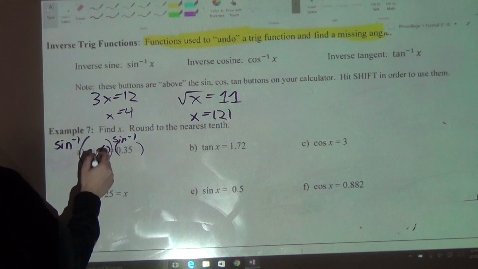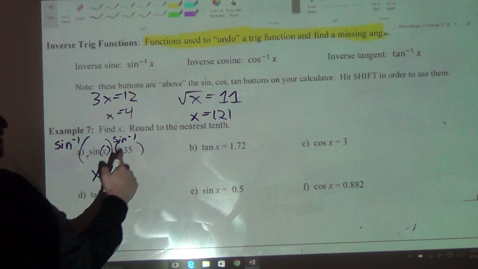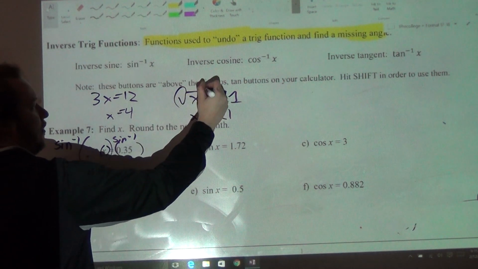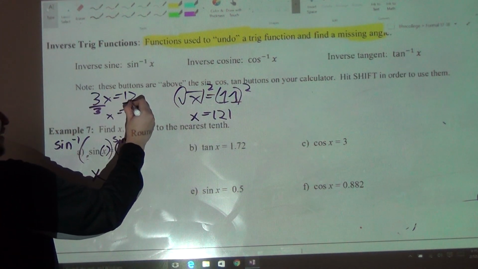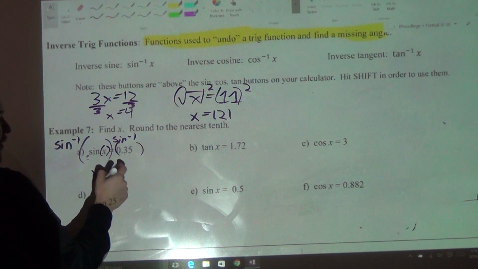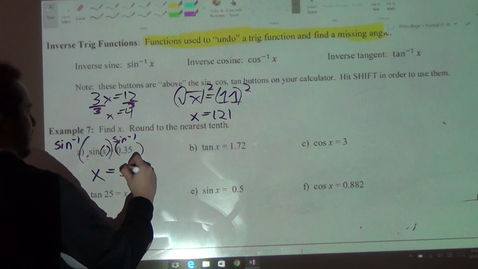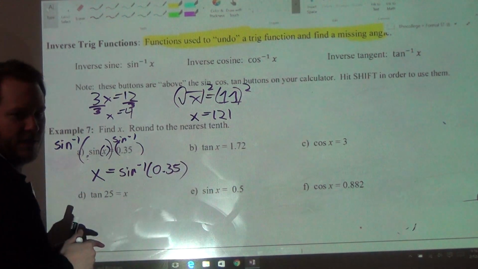And when we take the sine inverse of the sine of x, we just get x, just like we do when we square the square root, or when we divide, the opposite of multiplication. So x is going to be whatever the sine inverse of 0.35 is. Let's go ahead and calculate that.